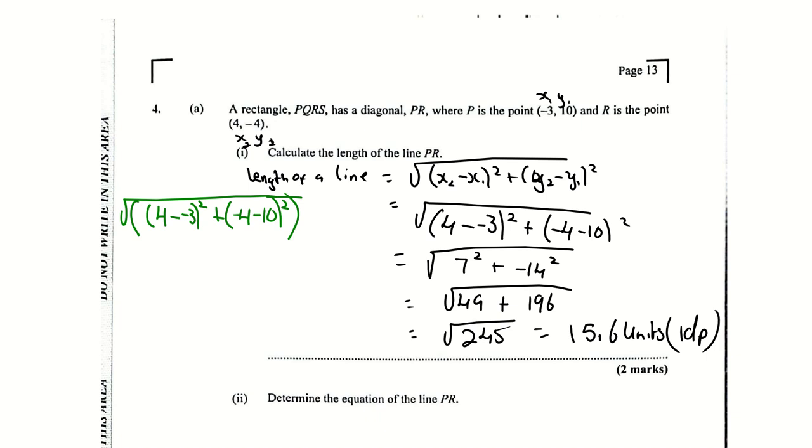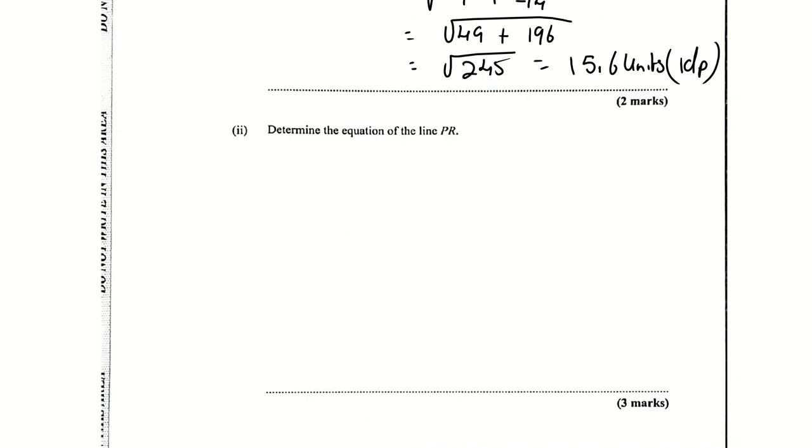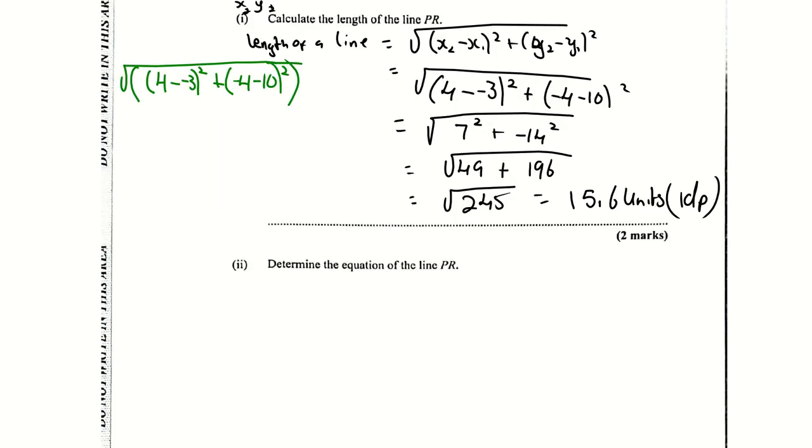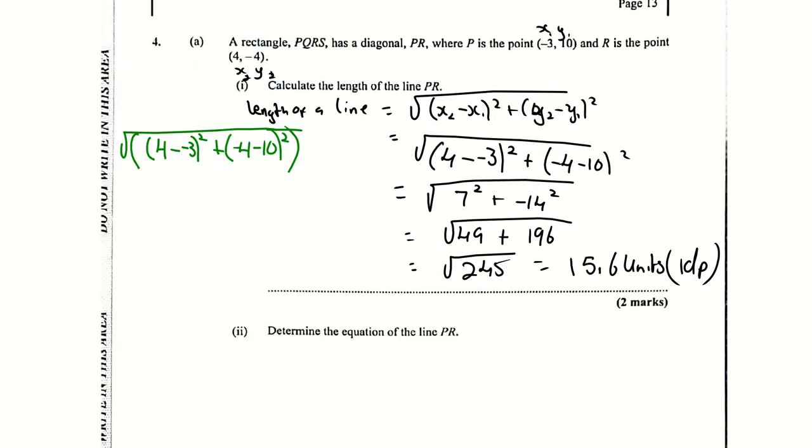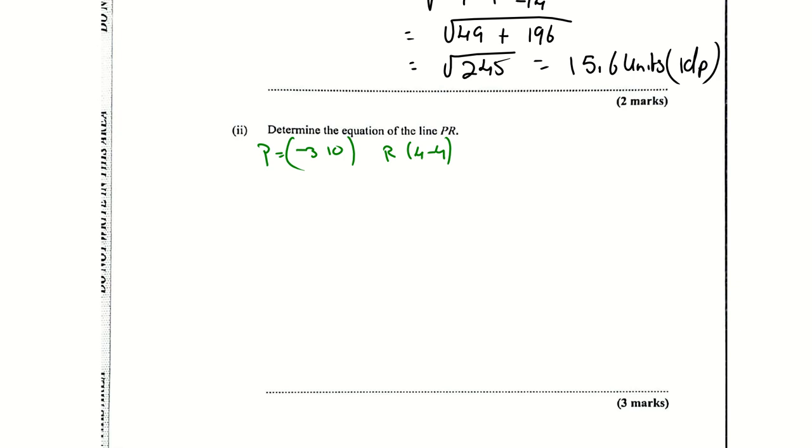Then they ask you to find the equation of the line. For the equation of a line, I just need the coordinates of P and R. So P is (-3, 10), and R is (4, -4). The equation of a line is y equals mx plus c, right?